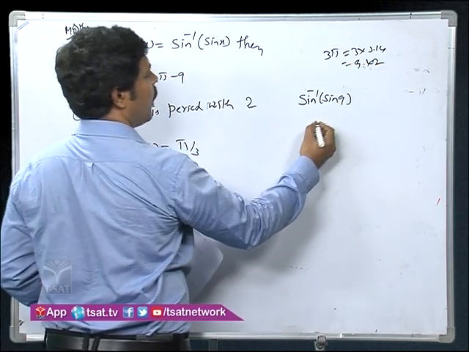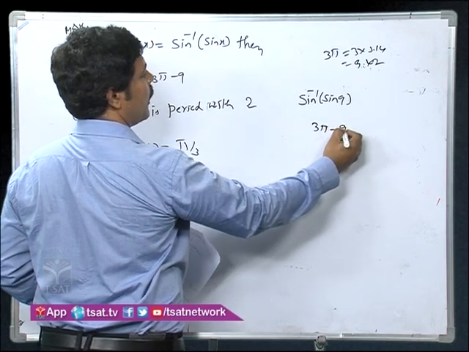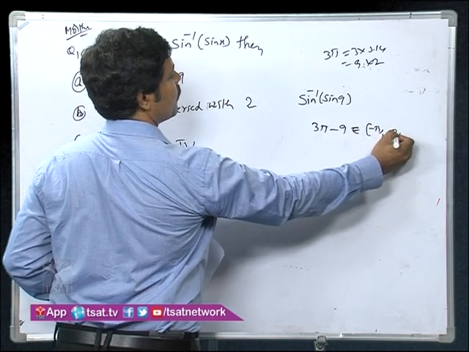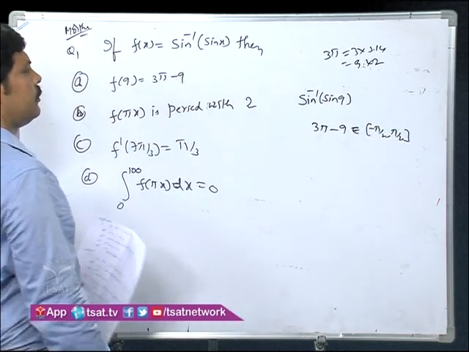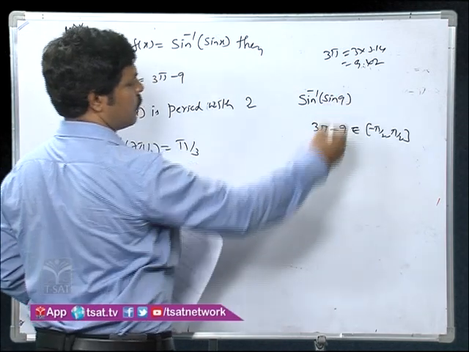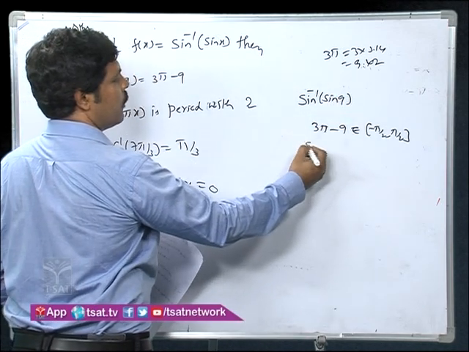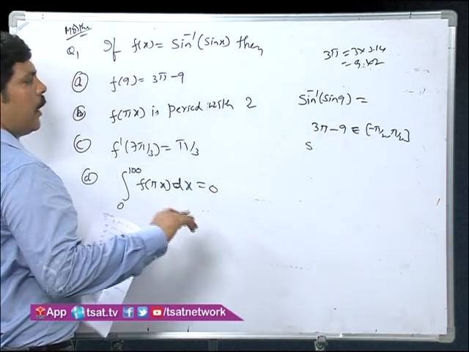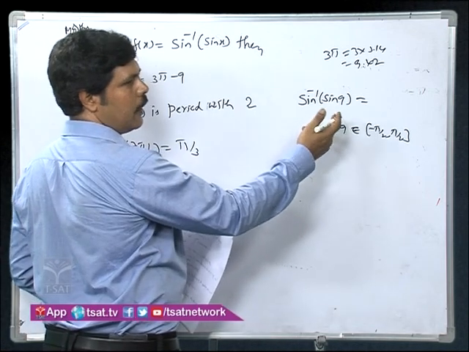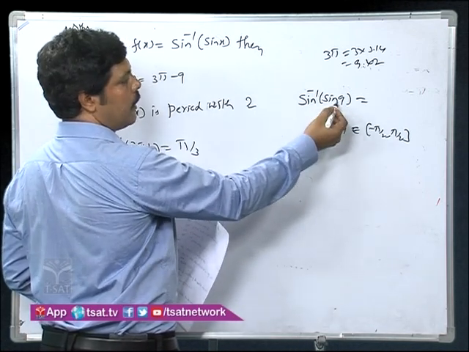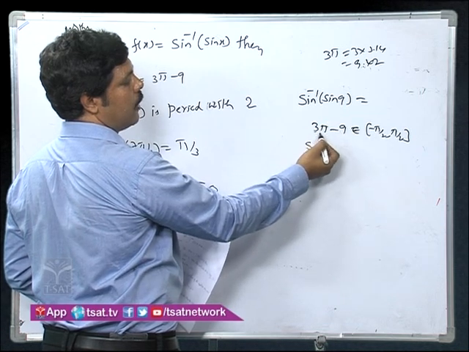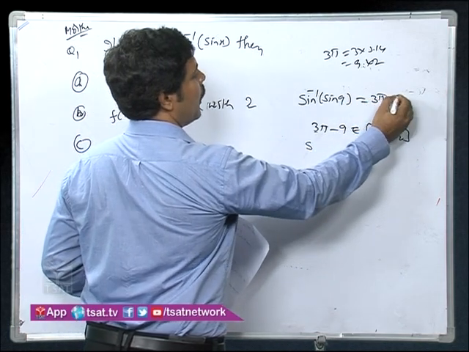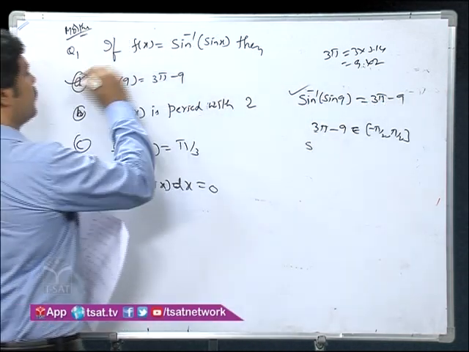Therefore, 3 pi minus 9 belongs to minus pi by 2 to pi by 2, that is approximately equal to 0.42. Sin inverse of sin 9: when it is an odd multiple, we use odd multiple of pi minus x. Here 9 is near 3 pi, an odd multiple of pi, therefore it is odd multiple of pi minus x, where x is 9. Okay, this is correct. Understand?